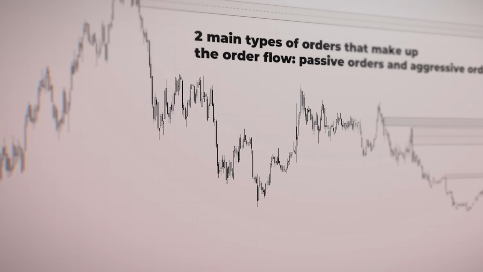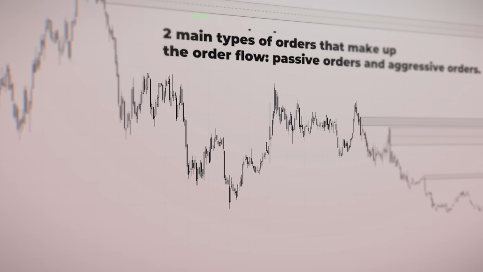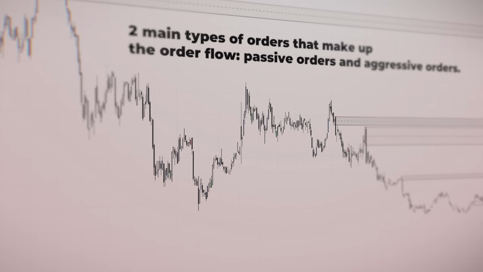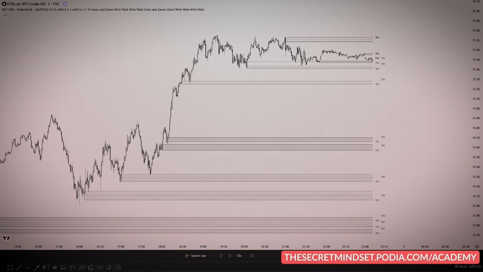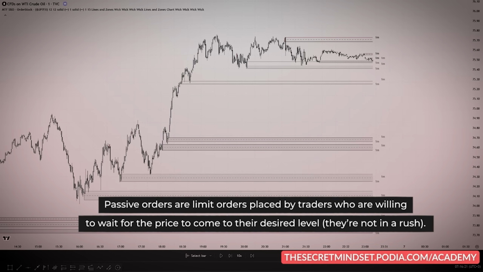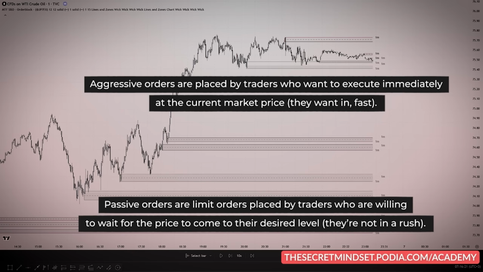Now, there are two main types of orders that make up this order flow: passive orders and aggressive orders. Passive orders are limit orders placed by traders who are willing to wait for the price to come to their desired level. They are not in a rush to get in. Aggressive orders are placed by traders who want to execute immediately at the current market price.